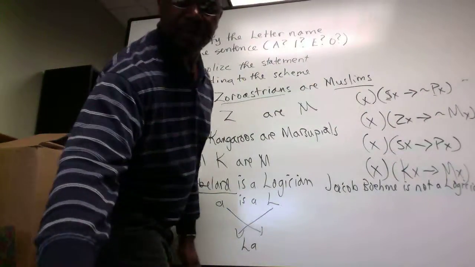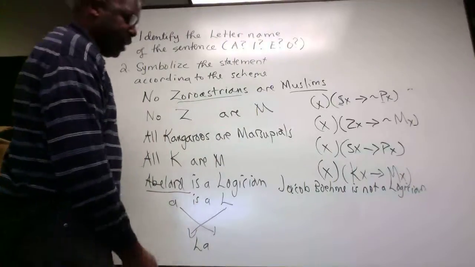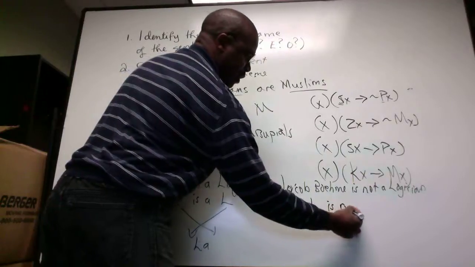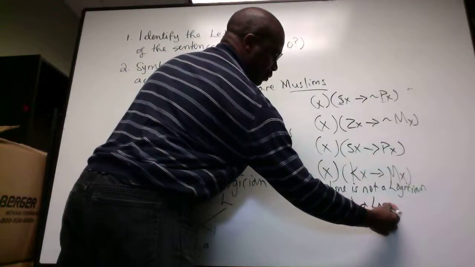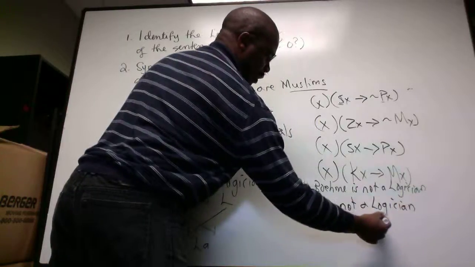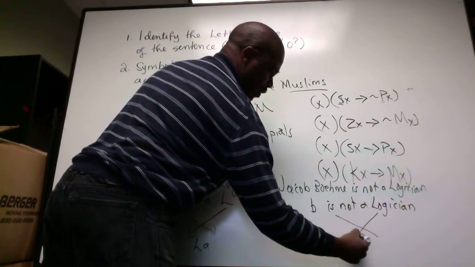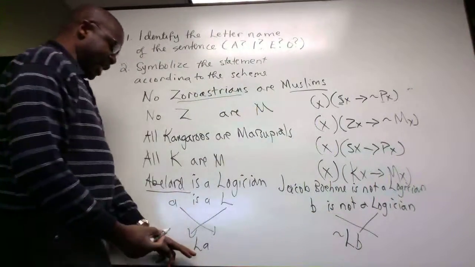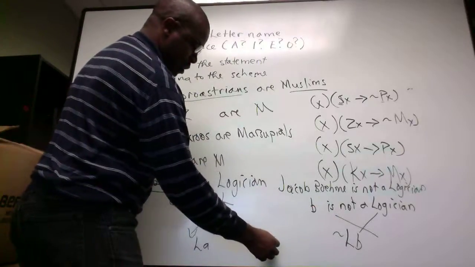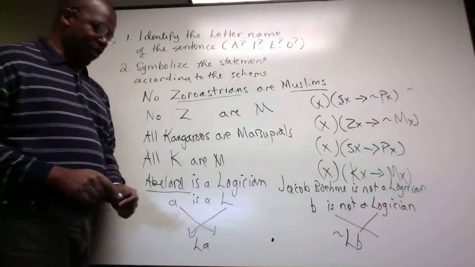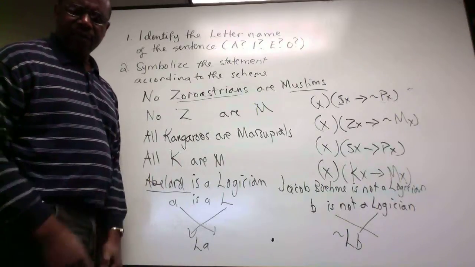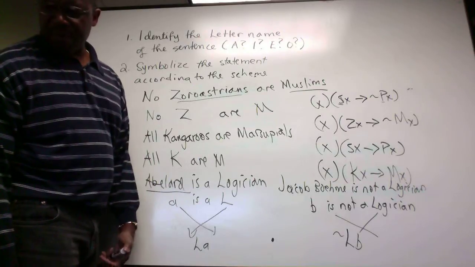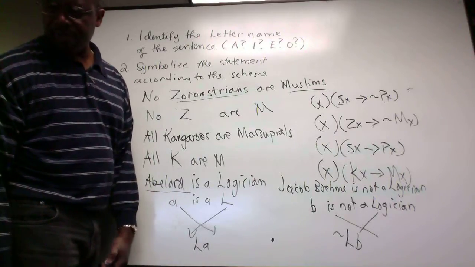Just use B is not a logician. Let those switch places and you have L and B, but you have to account for that negation. So LA dot not LB, the main operator is a dot, and that's how you do it. Number 4 is really a negation of an A statement, so you can do that.